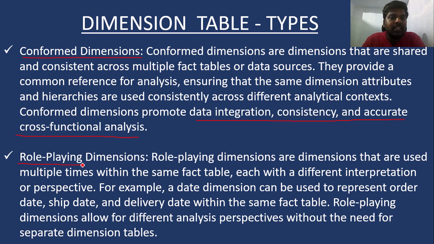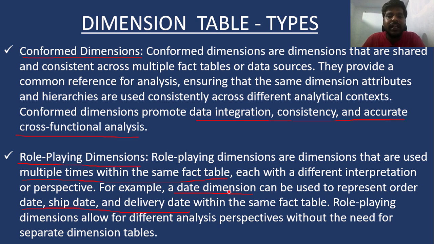Role playing dimensions are dimensions which are used multiple times within the same fact table, each with a different interpretation or perspective. For example, a date dimension can be used to represent order date, ship date, and delivery date within the same fact table. Role playing dimensions allow for different analysis perspectives without the need for separate dimension tables.